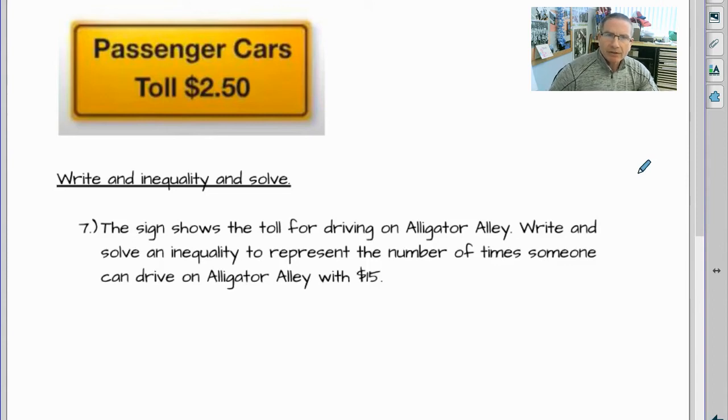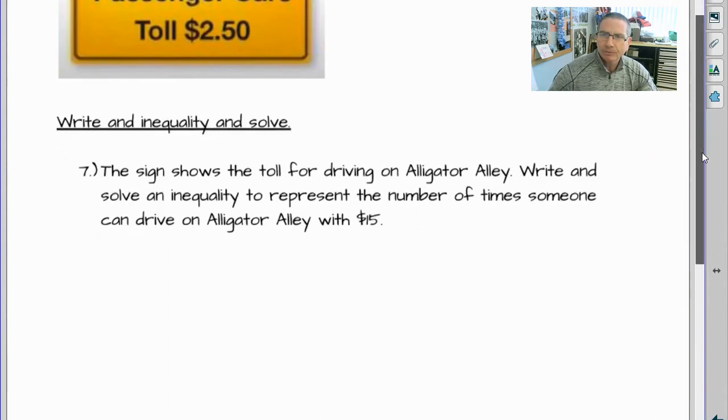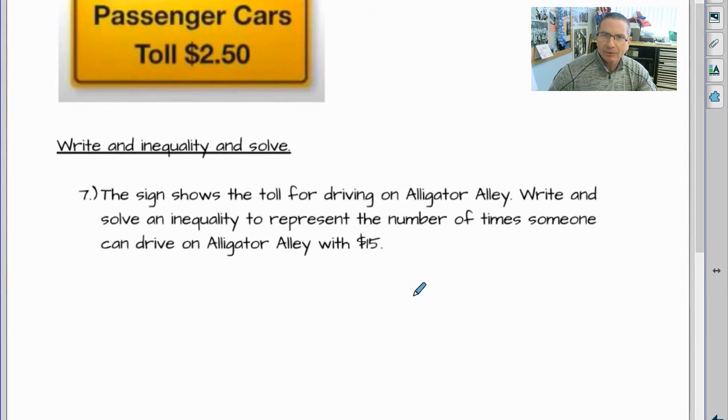Got another sign here, passenger cars toll $2.50. So there's a sign on the road, toll road, Alligator Alley. Write and solve the inequality to represent the number of times someone can drive on Alligator Alley with $15. All right, so we've got so many trips we can make here.